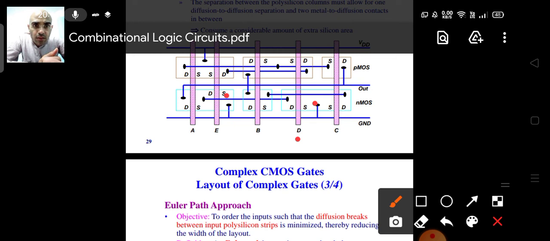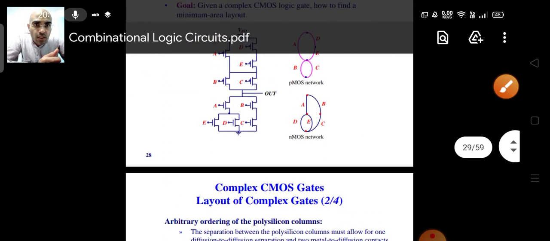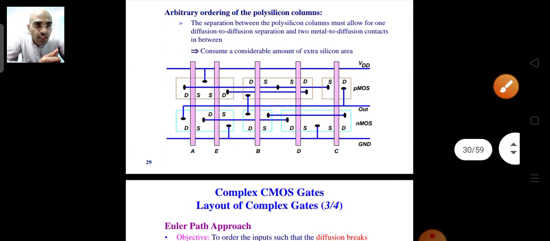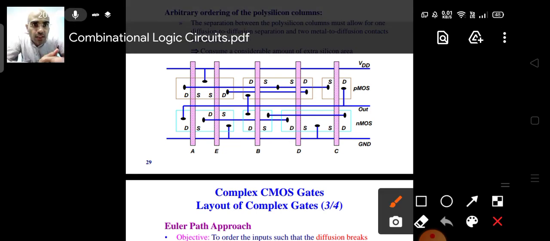Where is the transistor? I just forgot. So E, D and C. Okay, E and D we have considered. So this is our E, so source of E, source of D and source of C. So this is the source of C. So you see, now they are connected to the ground.